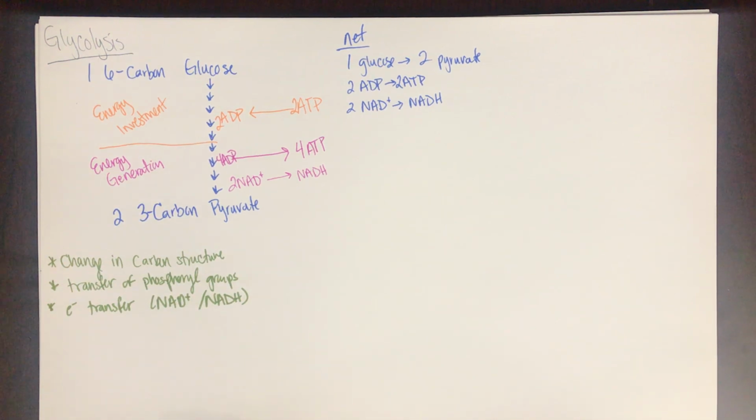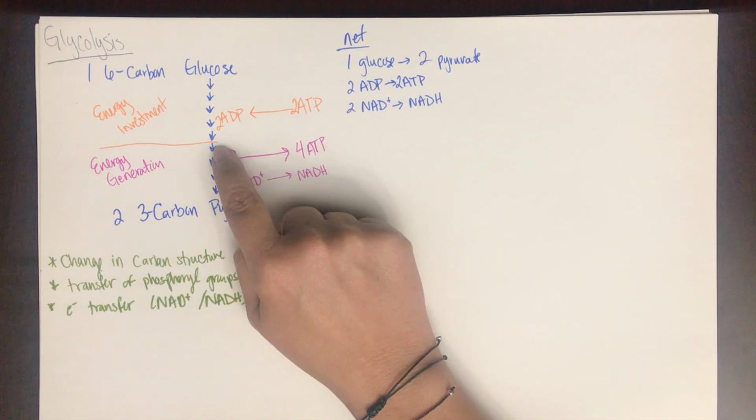And then the next step is catalyzed by an enzyme called an aldolase. And what an aldolase does is it splits this ring and it produces 2 3-carbon molecules, a glyceraldehyde 3-phosphate and then a dihydroxyacetone phosphate. The glyceraldehyde 3-phosphate is ready to go into the next step here.